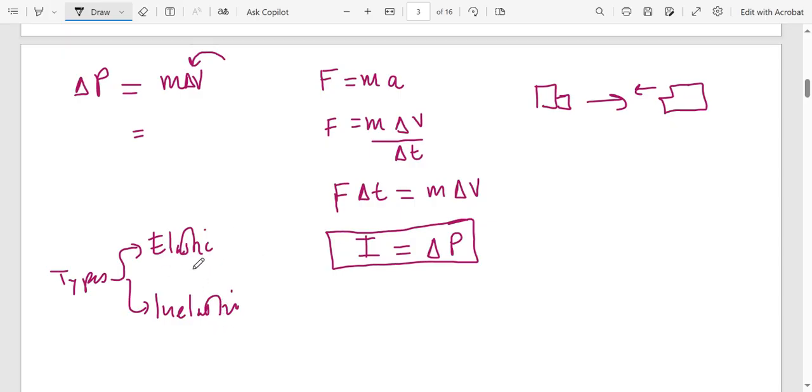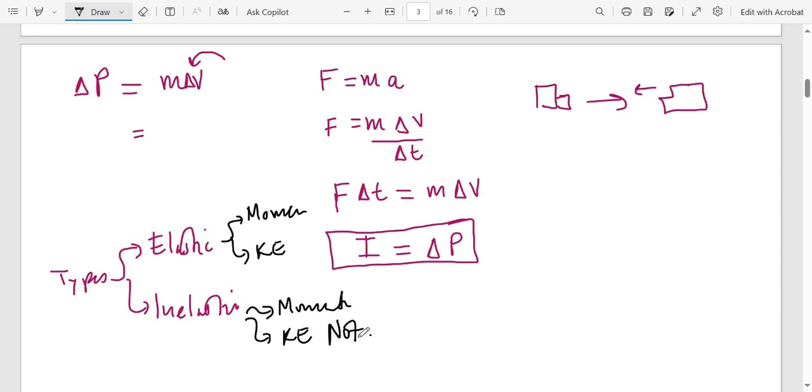If the collision is elastic, it means that momentum is conserved, and kinetic energy is also conserved. Please take note of that. Now, in inelastic collision, momentum is conserved, but kinetic energy is not conserved. So in other words, in any type of collision, momentum is always going to be conserved, but kinetic energy is not always conserved. Is this clear?